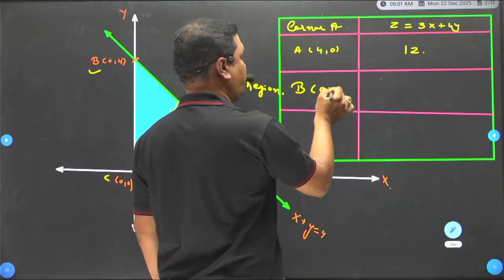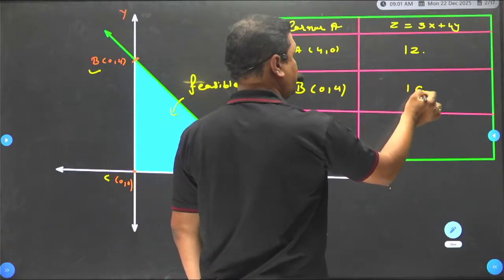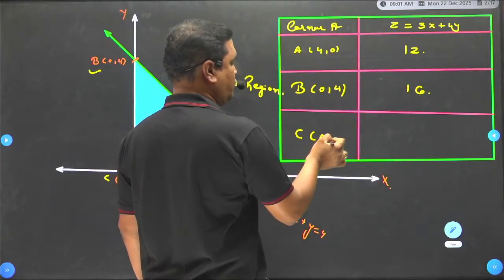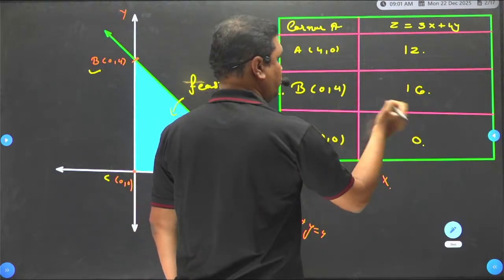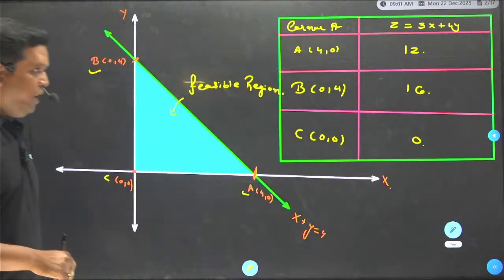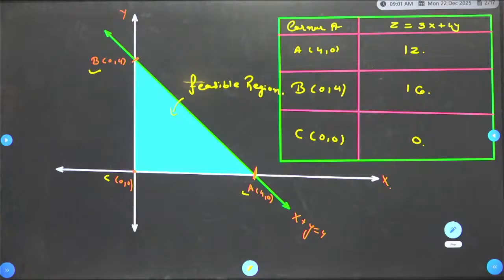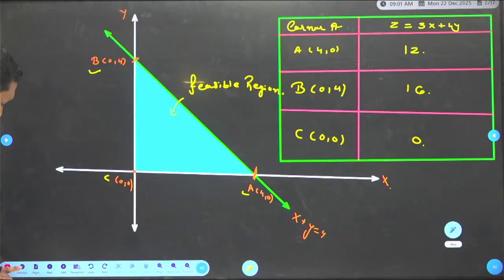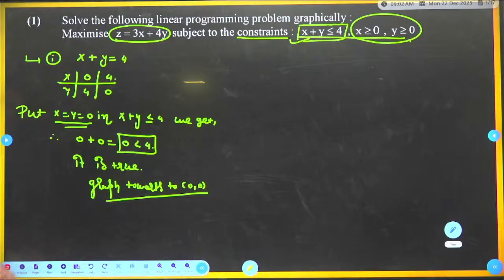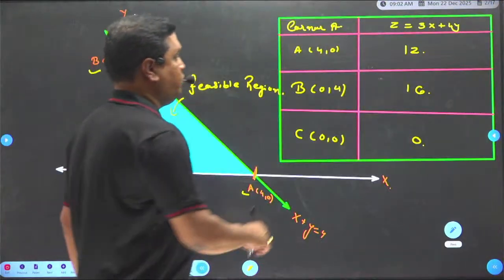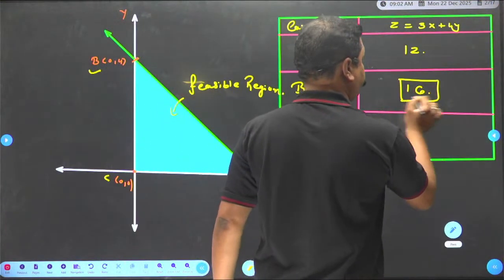Second, 0, 4: 16. And third one is 0, 0. Now we find which point gives the maximum or minimum. Look at this. The maximum value is 16.